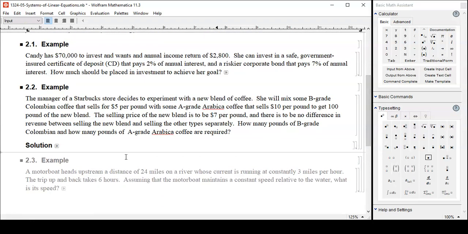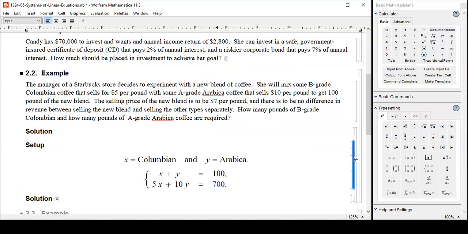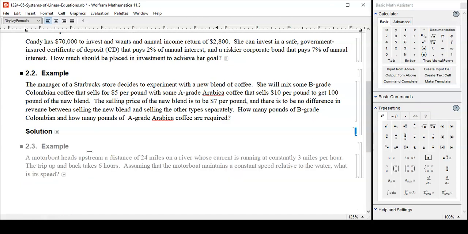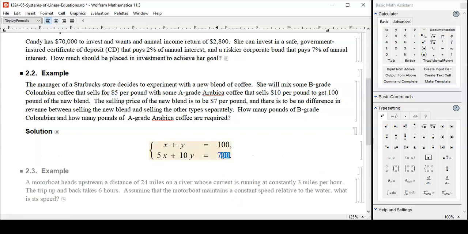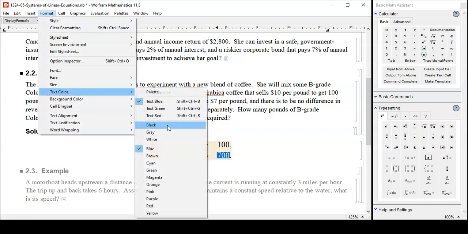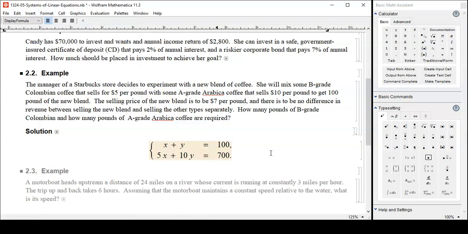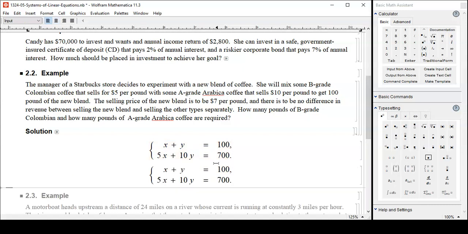Let's see, what if we use the elimination method? Let's go back to the setup. First, let's find x, and we can do that by eliminating y.